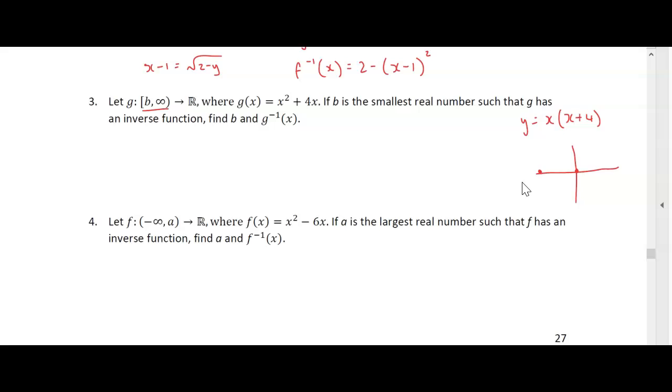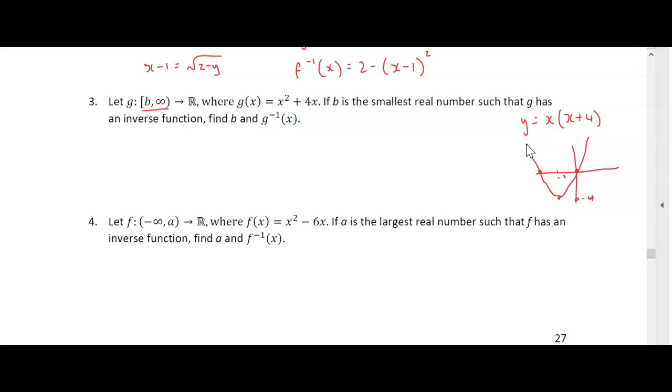The turning point is halfway between our x-intercepts, so it's going to be at negative 2. When I substitute negative 2 in, what do I get? Negative 2 plus 4 is 2, times negative 2 is negative 4. All right, so just a rough sketch.